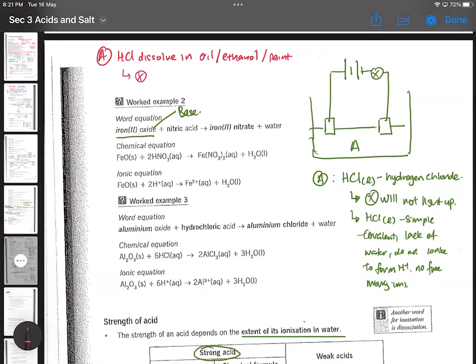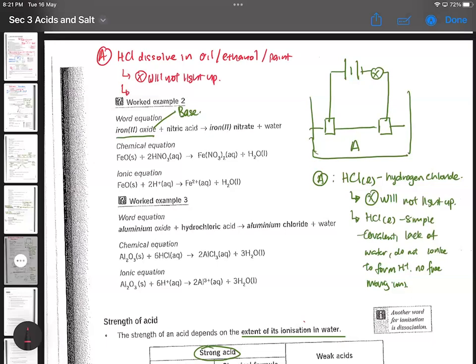Ashton, do you think the lamp will light up? Previously it was not dissolved, now it is dissolving. Will it light up? No. You are correct. The lamp again will not light up. Why is that so? I thought we dissolved it in something.